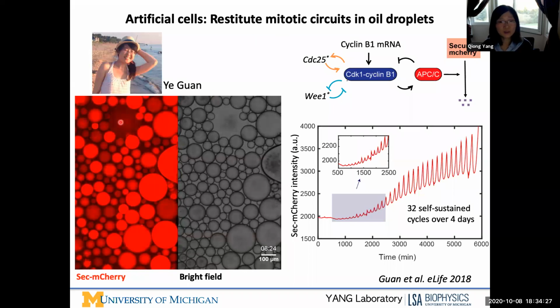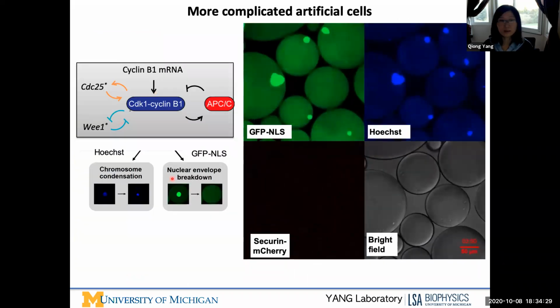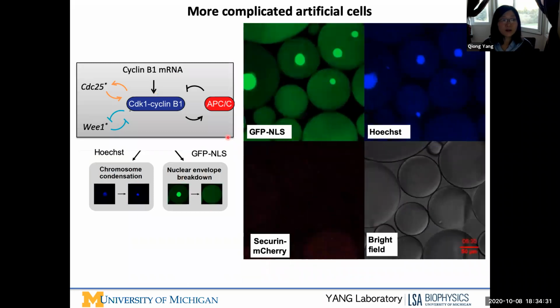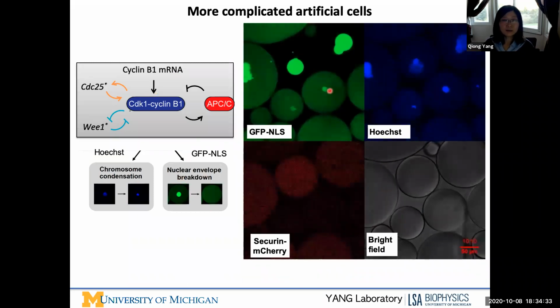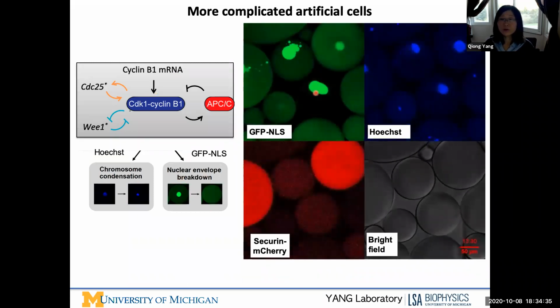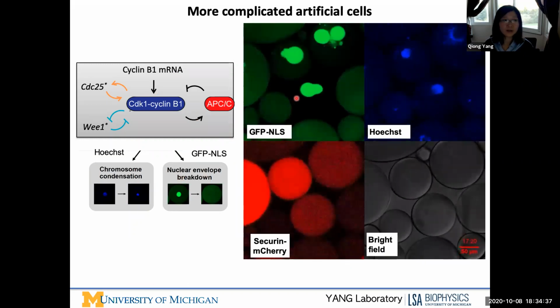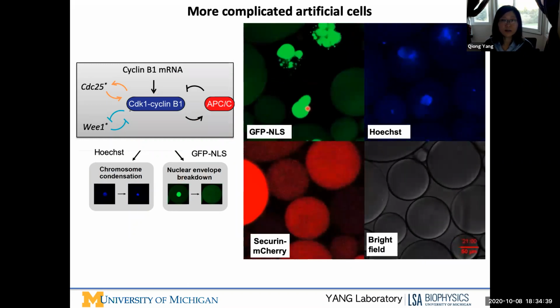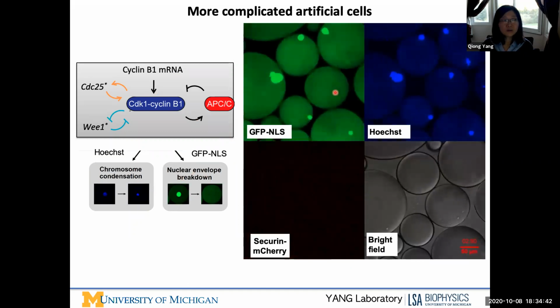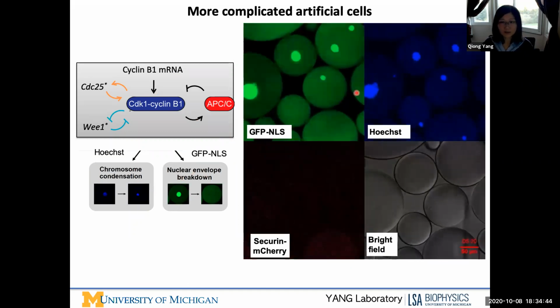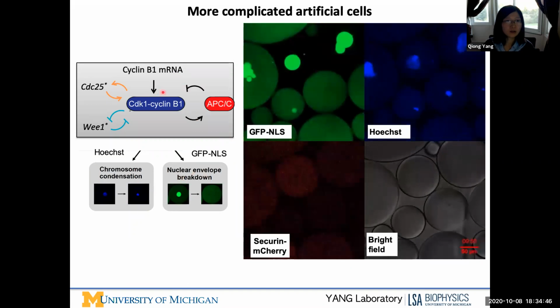However, if we add demembranated sperm DNA into this system, it can reconstitute nuclei by forming the nuclear envelope surrounding the DNA. This is what we call the downstream events that can be controlled by this cell cycle oscillator.